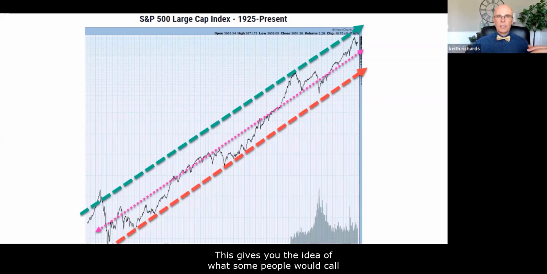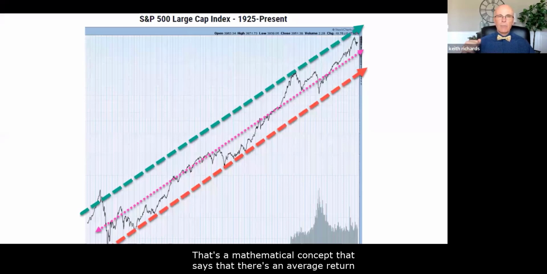And so this gives you the idea of what some people would call regression analysis. So that's a mathematical concept that says that there's an average return over a period of time, and that can be represented by a trend line that goes through the data. And that might be represented by this line here, which is the light pink line.